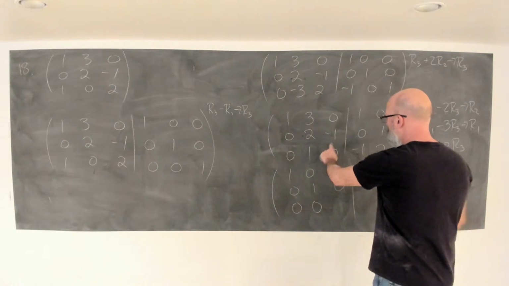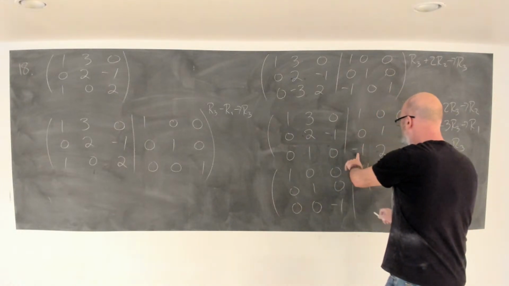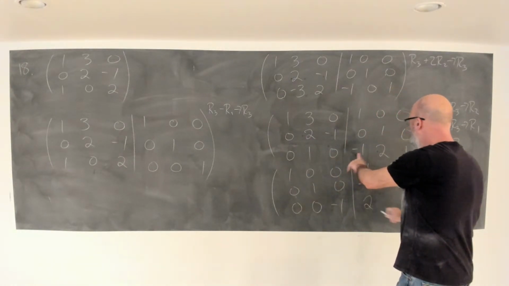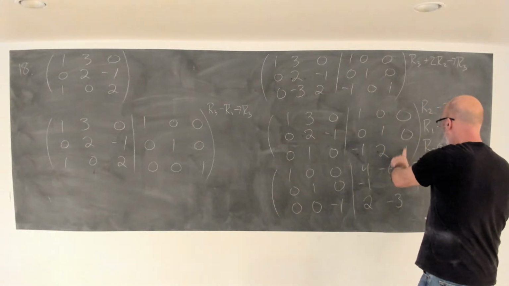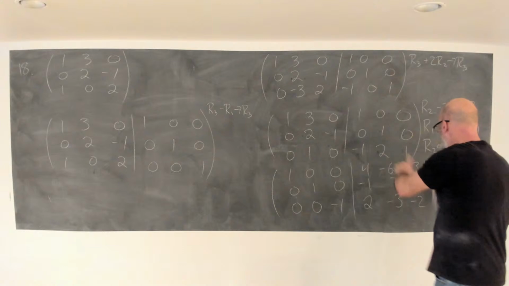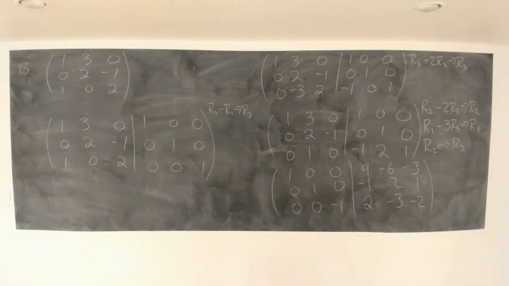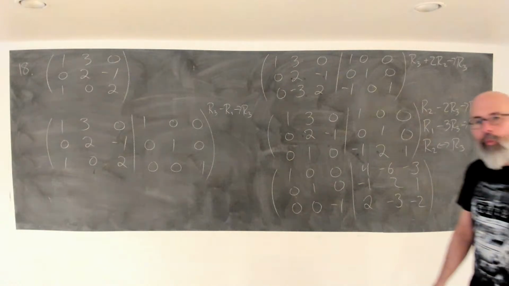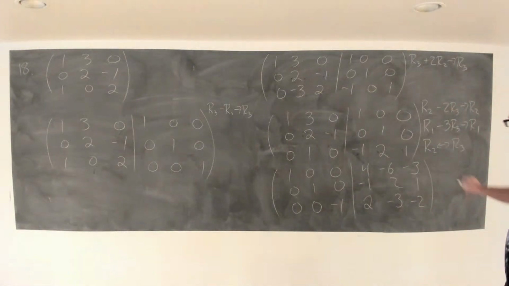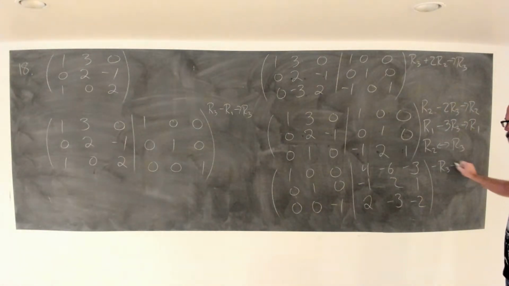This minus 2, this minus 2, this minus 2, this minus 2, and this minus 2. Leaving me with the one operation, negative row 3 for row 3.